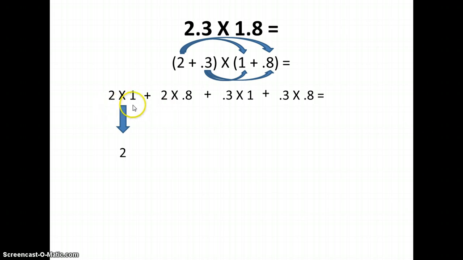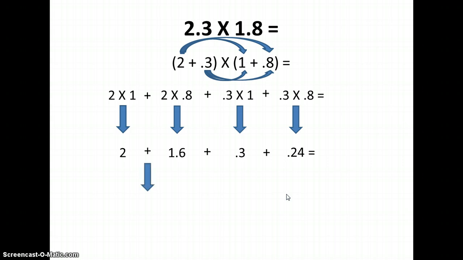So 2 times 1 equals 2 plus 2 times 8/10, which equals 1 6/10, plus 3/10 times 1, which equals 3/10, plus 3/10 times 8/10, which equals 24/100.